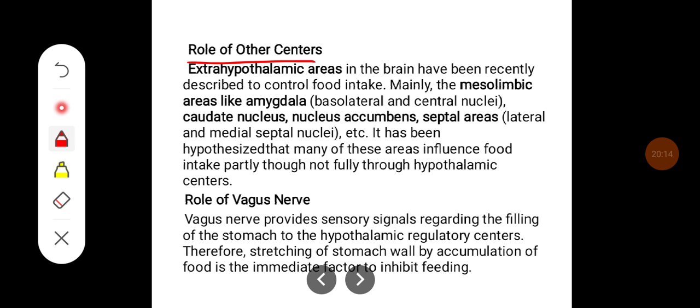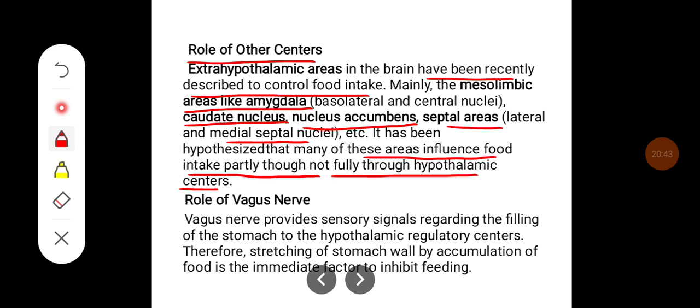Role of other centers. Extrahypothalamic areas in the brain have been recently described to control food intake, mainly the mesolimbic areas like amygdala, caudate nucleus, nucleus accumbens, and septal areas, that is lateral and medial septal nuclei, etc. It has been hypothesized that many of these areas influence food intake partly, though not fully, through hypothalamic centers.